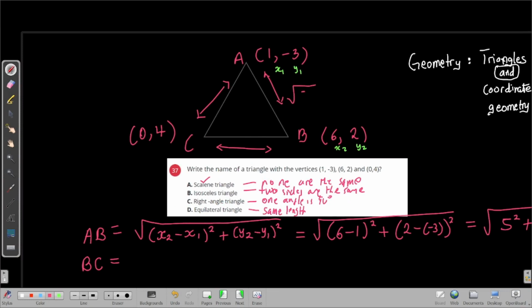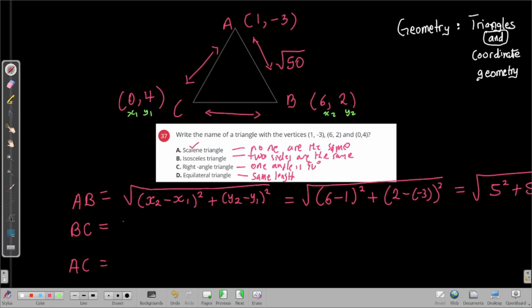Root 50. So let's try for BC. So let's say this is x2, y2, this is x1, y1. So square root of x2, that's 6 minus x1 is 0. This formula is also in your four-figure tables. 2 minus 4.